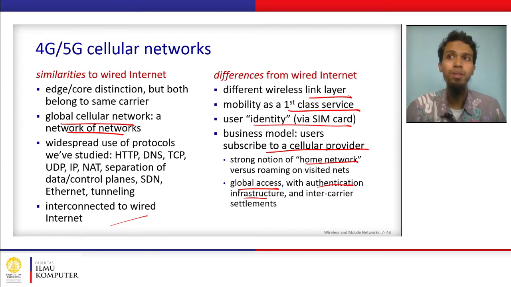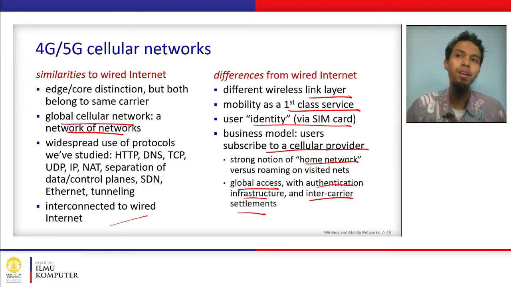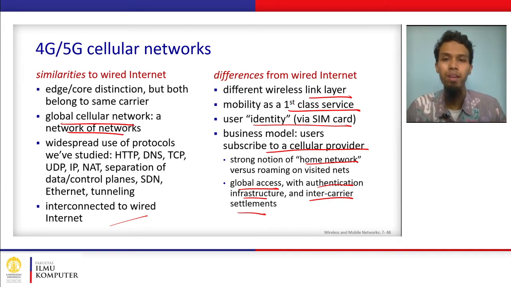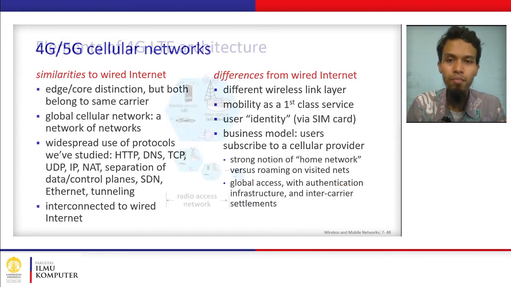Then we can use telco networks from different carriers abroad, with some inter-carrier settlements, provided that the local carrier in Indonesia and the telco carrier in the country we are visiting have some kind of agreement, and it needs authentication between the two carriers.